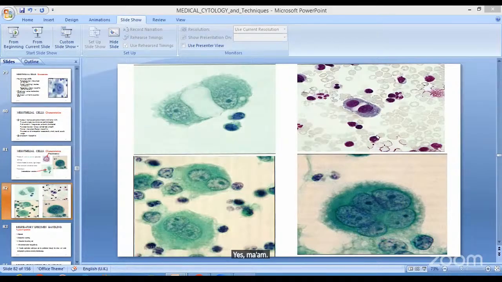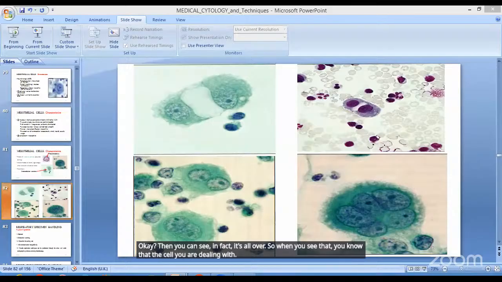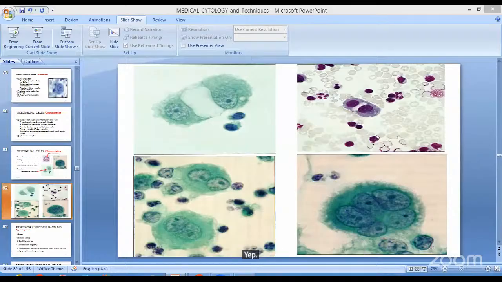You can see the intercellular window, like slippers in between the two cells. In fact, it's all over. So when you see that, you know that the cells you are dealing with are mesothelial cells. Those are the major cells of effusion.